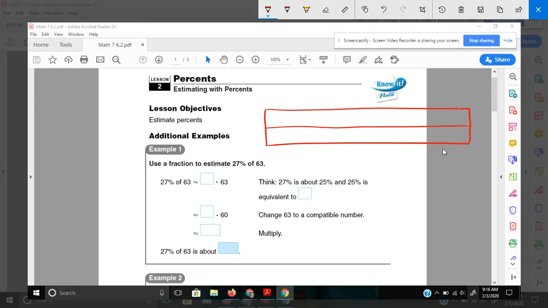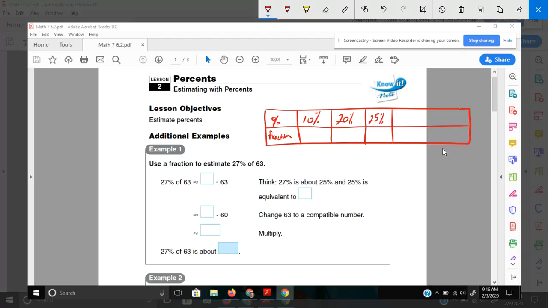Today we're going to actually start off with a little bit of a chart here that I think is helpful if you don't already know. Some of you might already know this, and some of you might need a little refresher. That's okay. But I'm going to put down some common percents and their equivalent fractions because these are just nice and easy to know, to have available, ready for you.